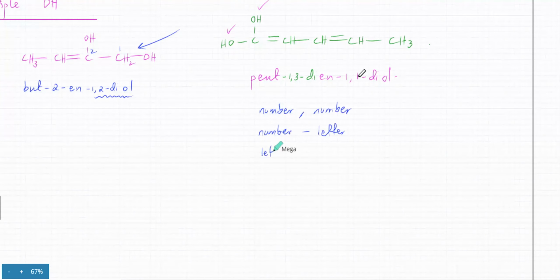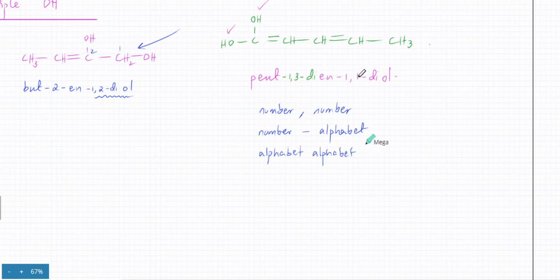If there's a number next to an alphabet, then there has to be a dash between them. An alphabet next to an alphabet should be together, with no spaces.